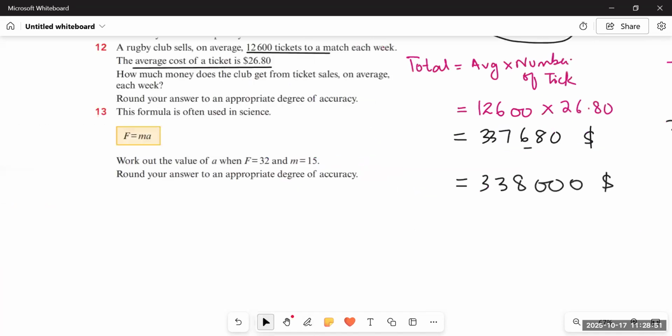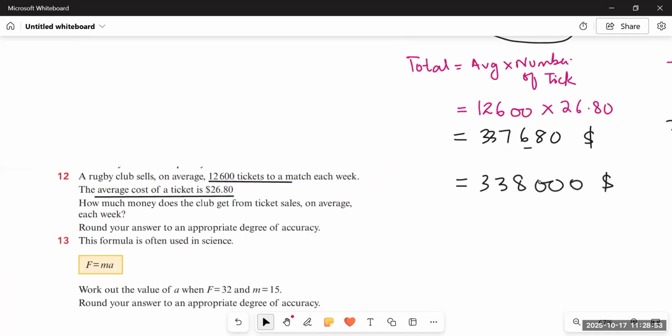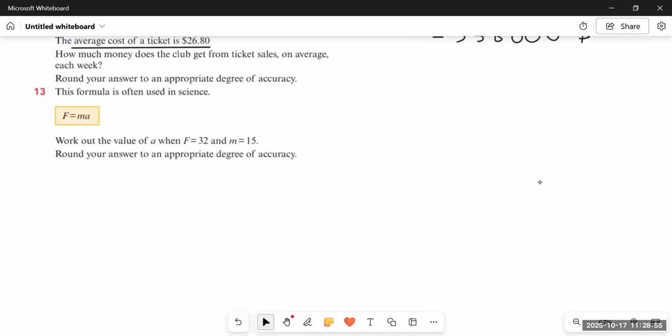Okay, students? The next question says, this formula is often used in science. As we all know, force is equal to mass into acceleration. So work out the value of A when F is equal to 32 and M is equal to 15.